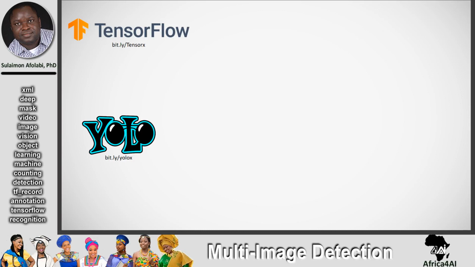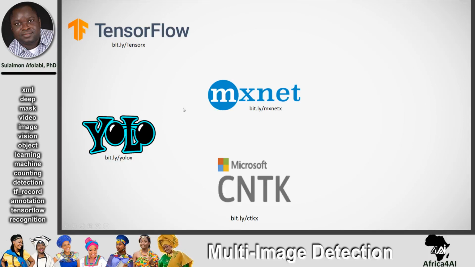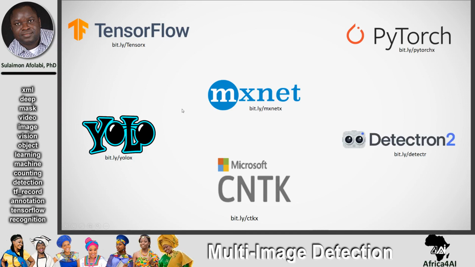TensorFlow actually belongs to Google. We have YOLO. YOLO is also a popular framework. MXNet, Microsoft CNTK, PyTorch, Detectron. So these are the APIs that you can capitalize on. But as far as this tutorial is concerned, we will be using TensorFlow.